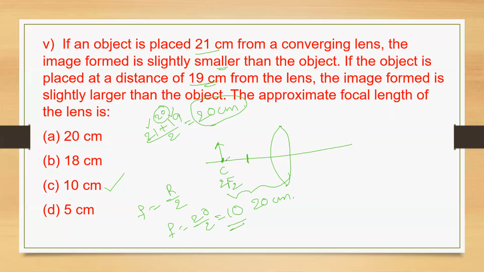Whether it is a lens or a mirror, a concave mirror or a convex lens, in both cases, if you keep an object at the center of curvature or radius of curvature, the size will be the same. So half of the radius is nothing but the focal length. From this, we come to know 10 centimeters is the correct answer for the focal length.